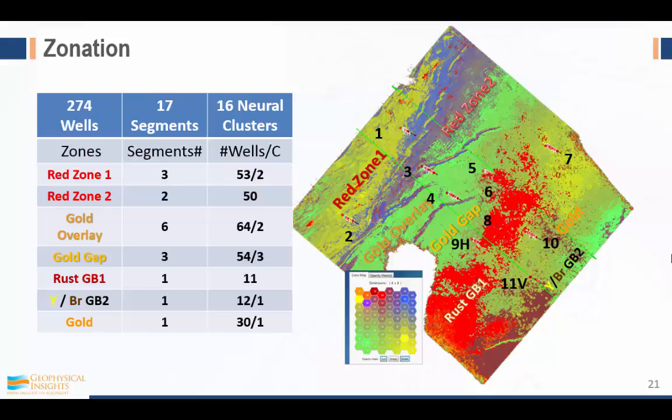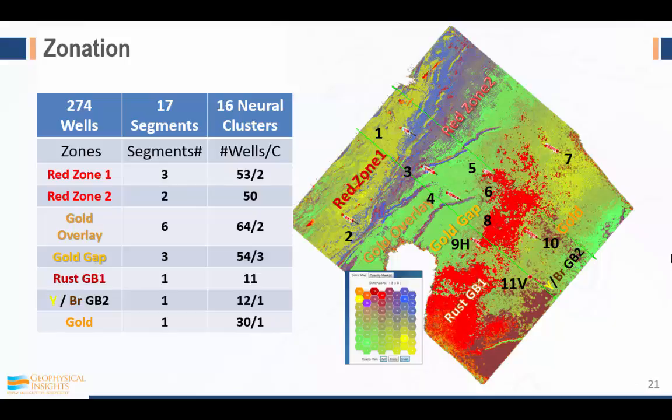And then some, because there was a group, segment 12, that had a piece in the red zone and a piece in the gold overlay zone. So I separated the wells, and sure enough, their parameters were more consistent with the group that I moved them to. So this is how you can have a 4x4 topology, 16 neural clusters, but you can get 17 segments out of it, because you can observe that you need to break them down.